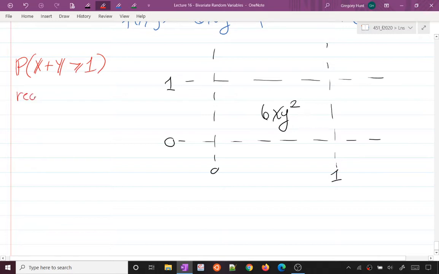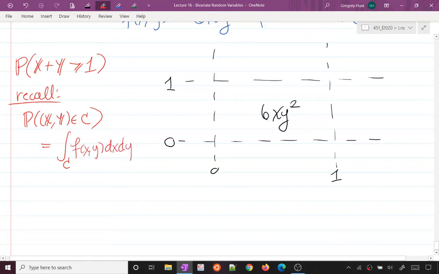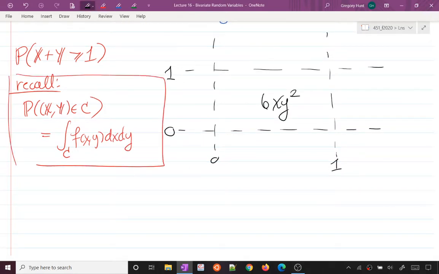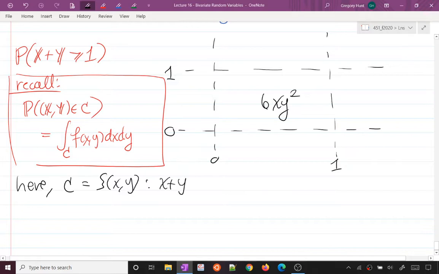So recall, how do we calculate this? If I want the probability that X, Y is in some subset of the real plane, I integrate my joint over that set. So in this case, my set C is the set of x and y such that x plus y is bigger than or equal to 1. And so I'm basically going to integrate over this area. So let's draw that.